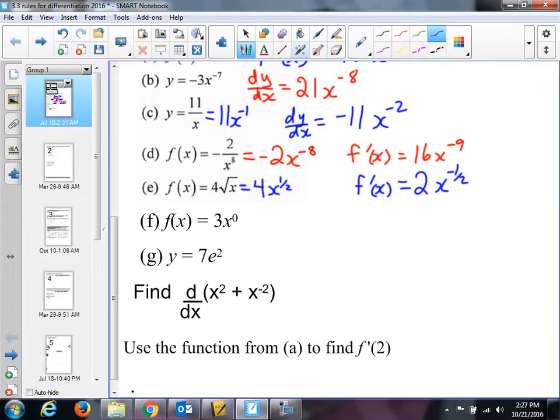Negative outside of the root or root on the bottom? Yeah, because what does negative mean? Take the reciprocal, it becomes positive. Now, I wouldn't expect you to rewrite this, but that's what this means. And you know that that means 2 over the root of x. Because if you were going to evaluate something, you'd probably want to know that, right? Sure. Okay.